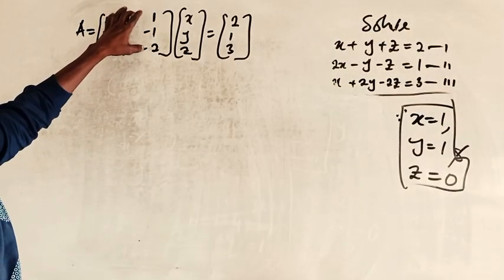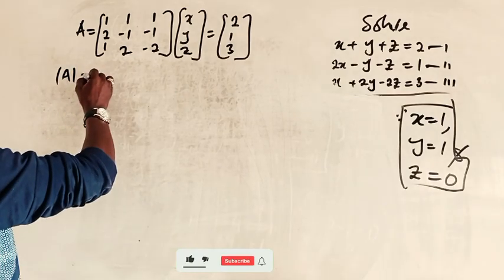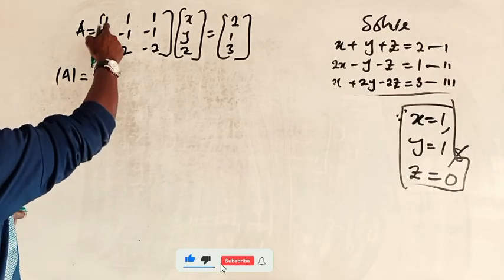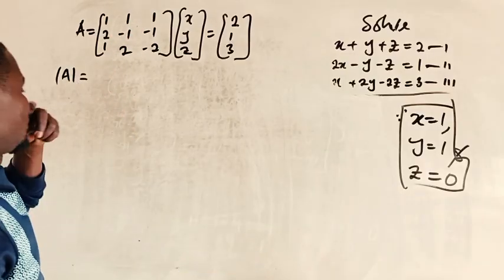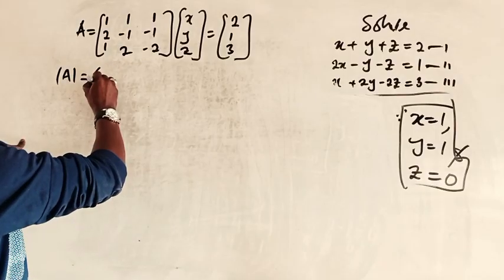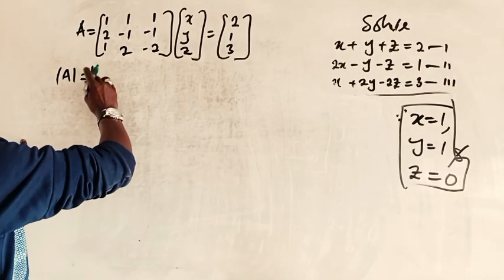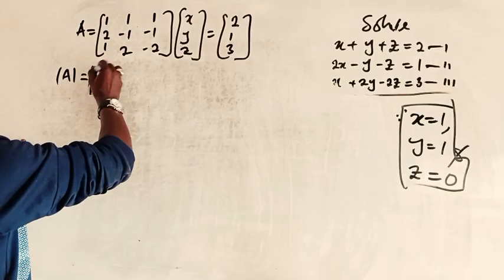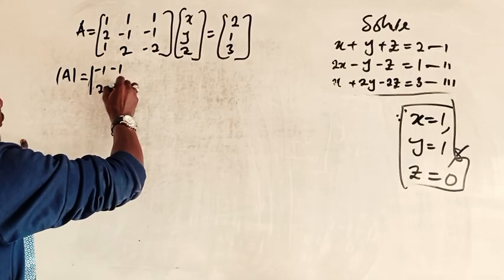I have to find the determinant of this first. The determinant of A equals 1. I don't have to put the 1 since the cofactors are all 1. I'll just put the signs in: positive, negative, positive. The first cofactor is positive, so I open a straight bracket showing it's a determinant: minus 1 and 2, minus 1 and minus 2.